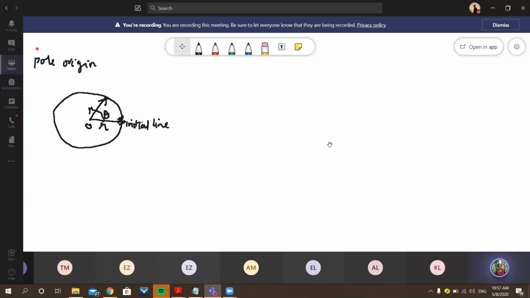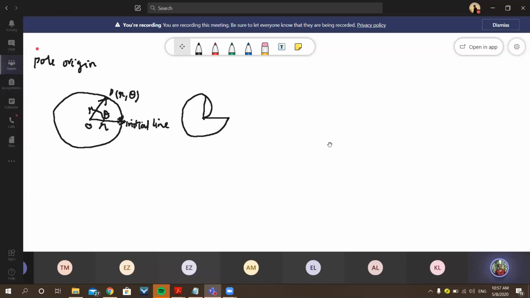So now when you have the initial line, the next one we will talk about is this line, which I'm going to call theta equal to pi. Then as usual we go here.